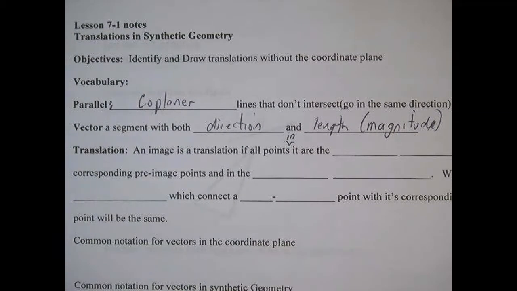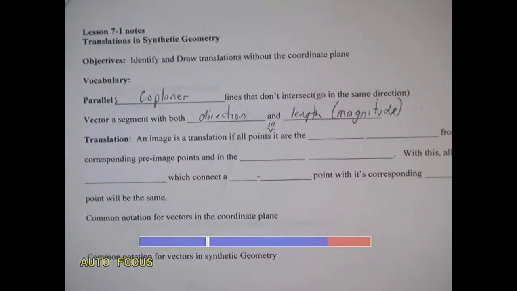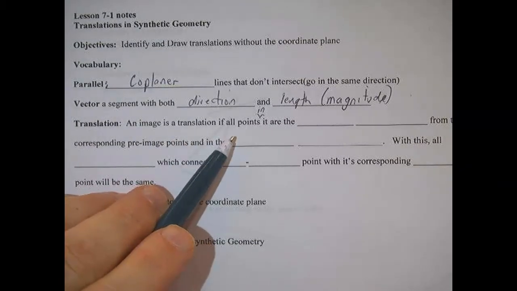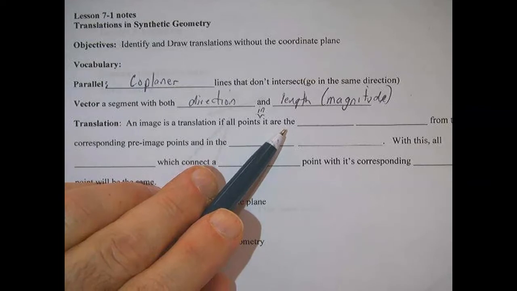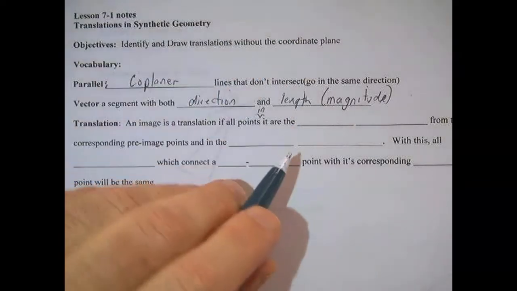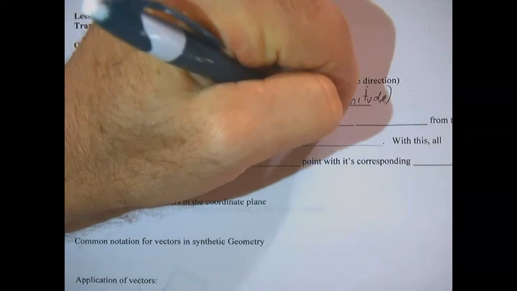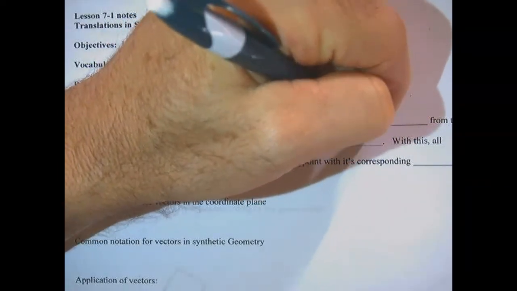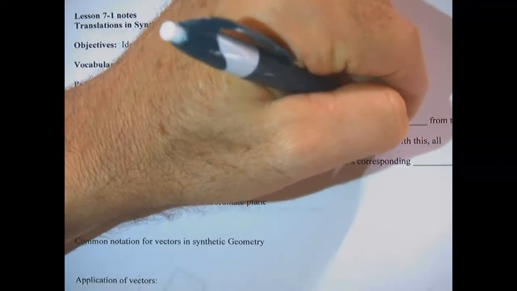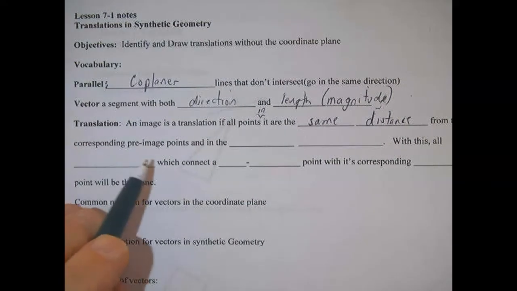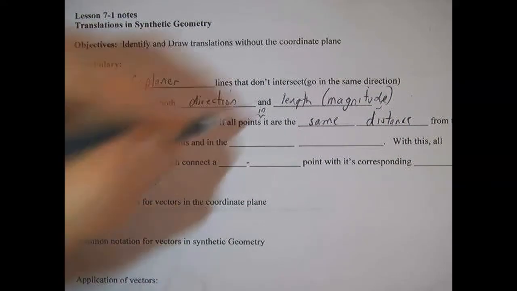Okay, so an image is a translation if all points in it are the same distance from their corresponding pre-image points and in the same direction.